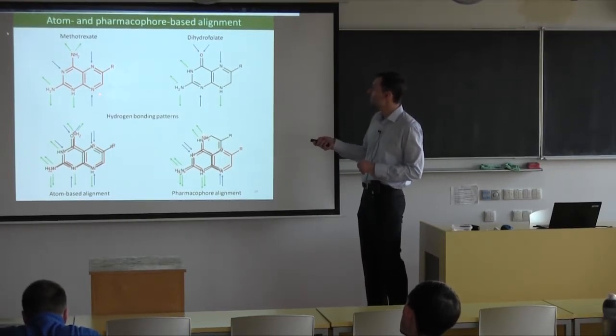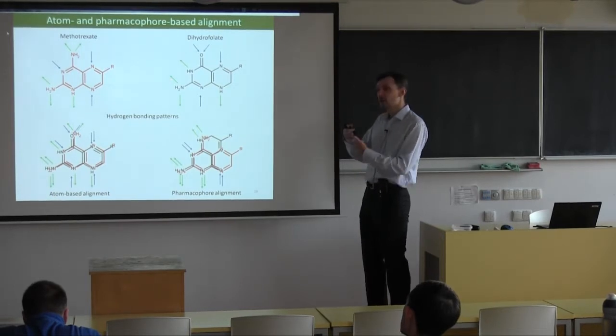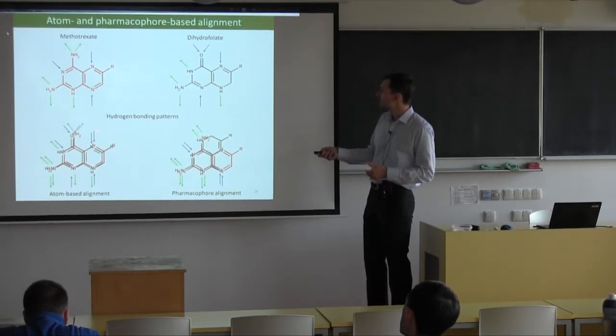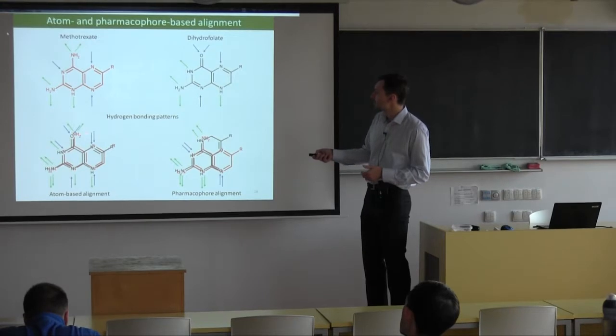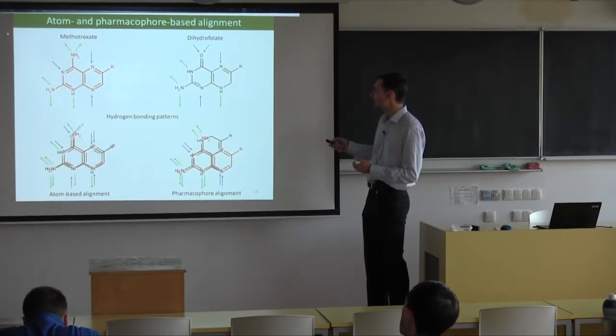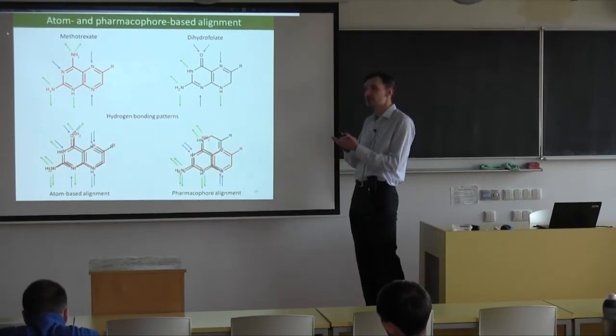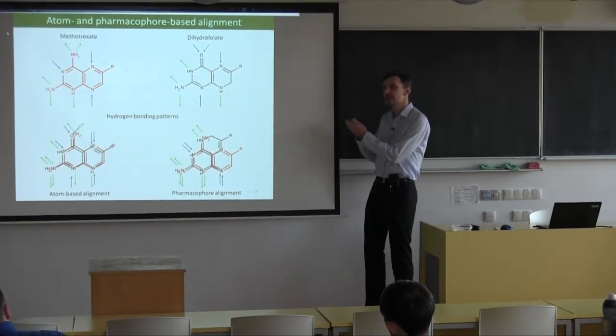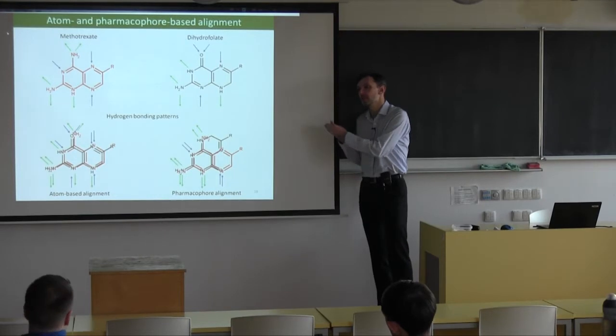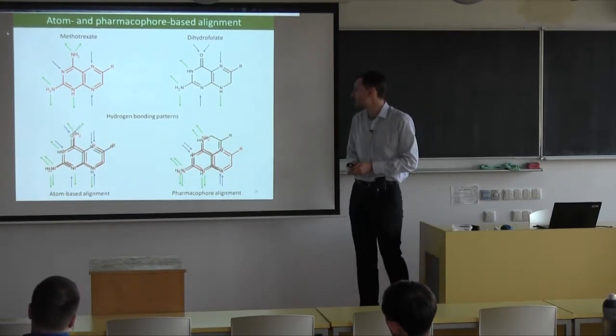If we try to superpose them on an atom-by-atom basis, we will see this picture, and you will see there are some contradictions. These patterns do not fully correspond, but the compounds act on the same protein, so probably the patterns should be the same.